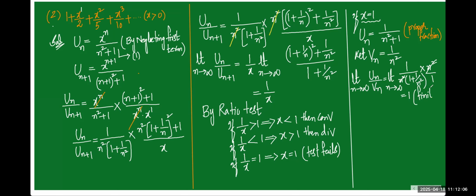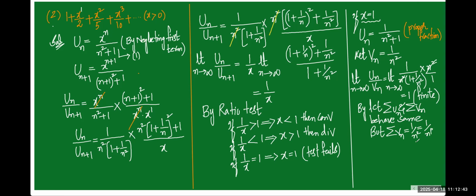Okay, then by limit comparison test, behavior is same, summation un and summation vn, behave सेम. यहाँ से यहाँ तक जो कर रहे हैं हम ऑलरेडी करे सोचे पहले से, बट summation vn is equal to 1 by n square, which is comparing with 1 by n power p test.